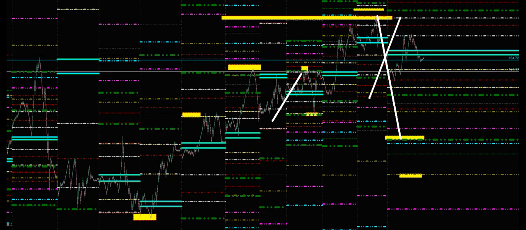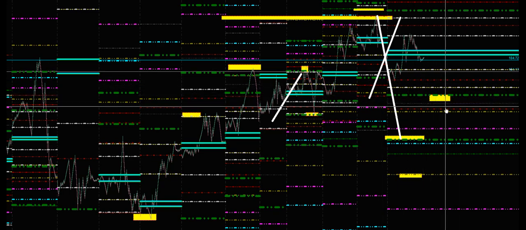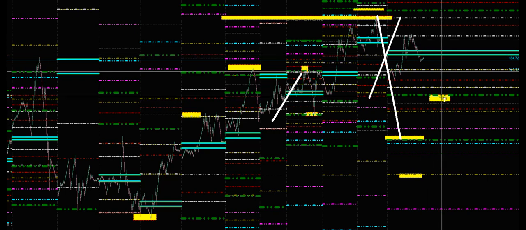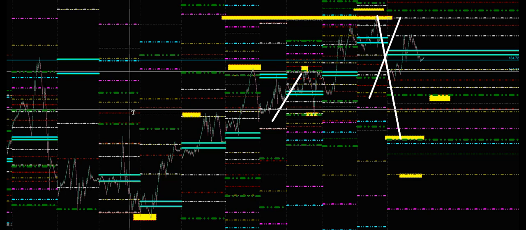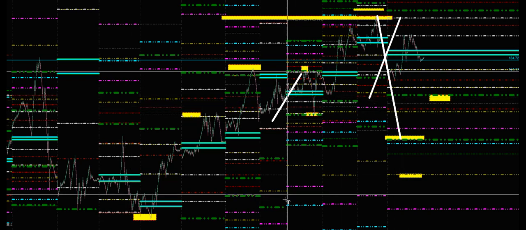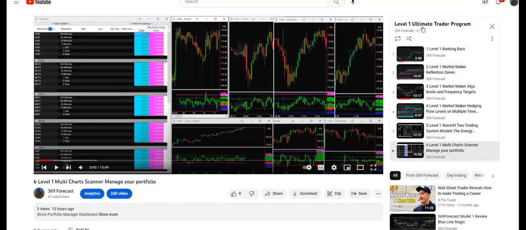So once we get there, right, how do you trade? This is where the banking bars, and we have to do some reflection for market maker points, are designed. And you can look at the YouTube level 1 section right here, level 1 ultimate trader program: banking bars, market maker reflection points, algos, which is what I'm talking about, how to do the hedging flows, where they're coming from, the 4-hour charts.